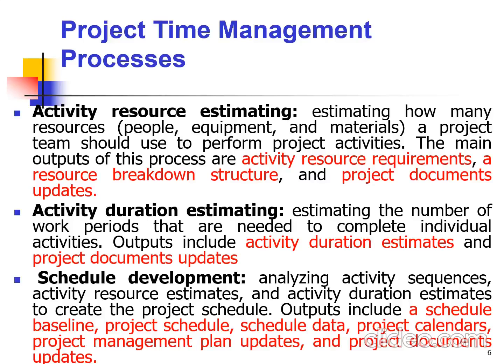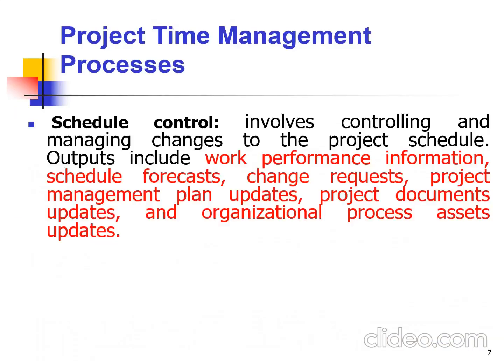And the outputs of these include a schedule baseline, project schedule, schedule data, project calendars, project management plan updates, and project documents updates. Lastly, we have schedule control, which involves controlling and managing changes to the project schedule. And the outputs of this include work performance information, schedule forecasts, change requests, project updates, and organizational process assets updates.